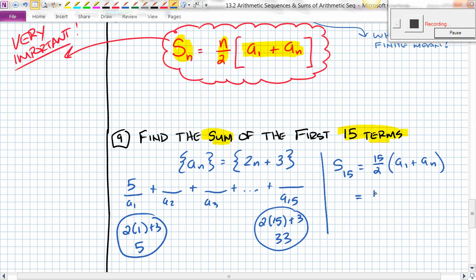So that would have to be 15 divided by 2 times 5 plus 33. Therefore, when I do the math, I get 285 for a grand total for the first 15 terms of this arithmetic sequence. Very important there.